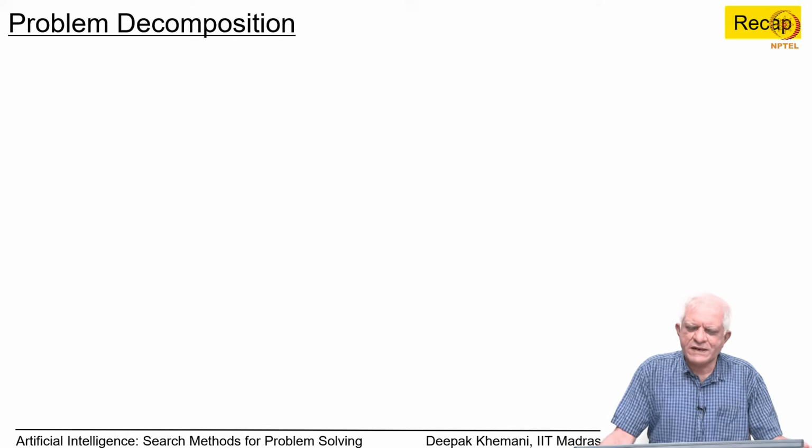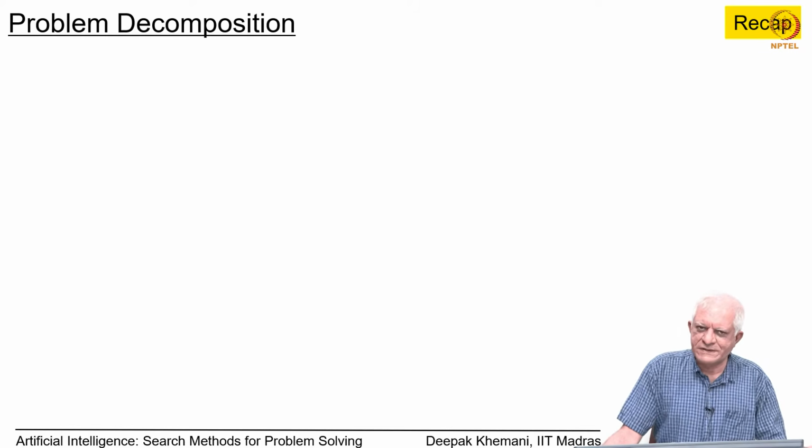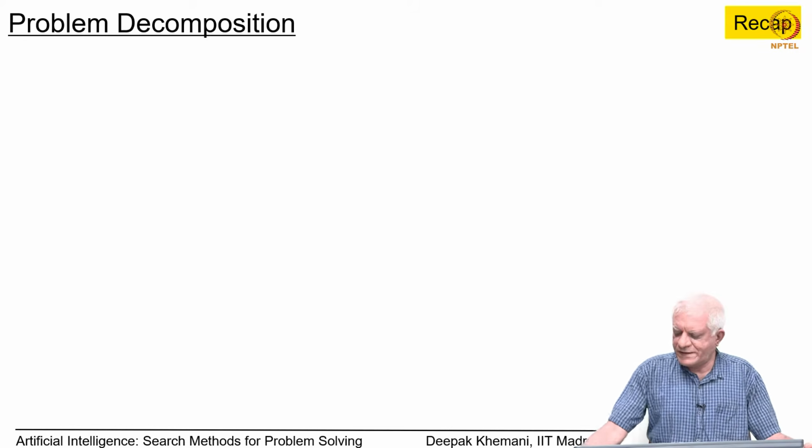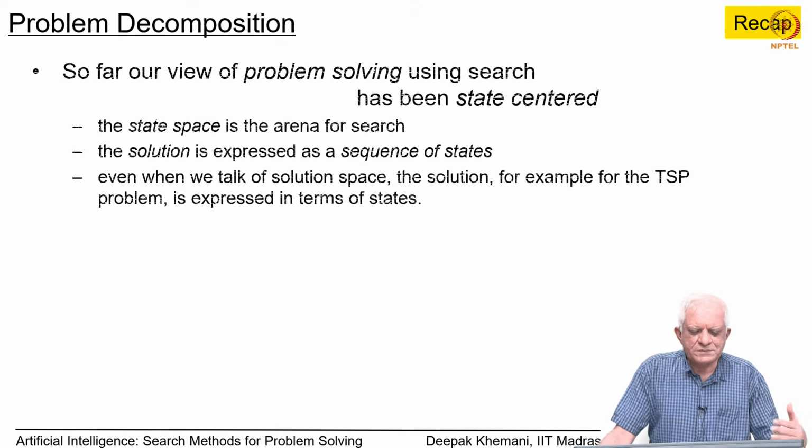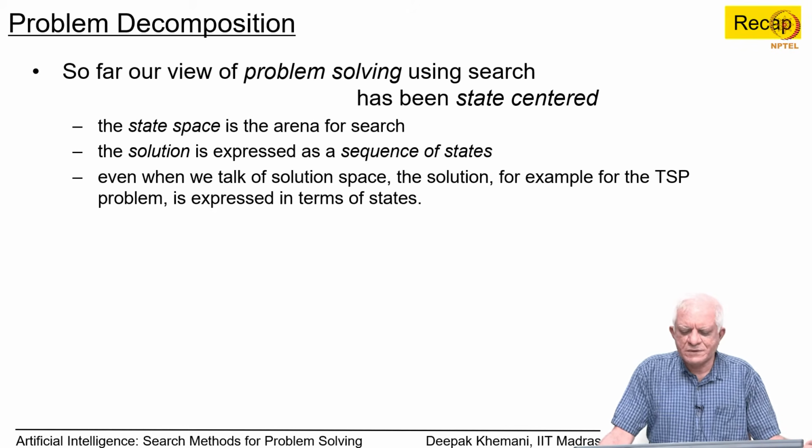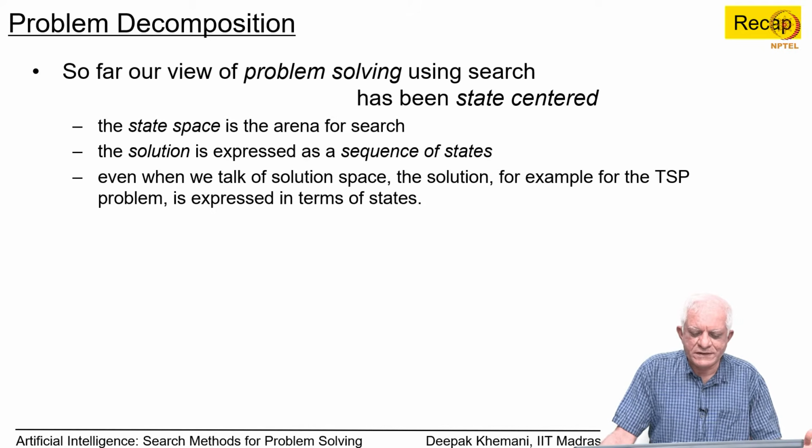So, just a very quick recap, we looked at problem decomposition, and there we said that we are going to break up a problem into smaller problems, and before that we looked at state space search. So, our focus of search was on states. Problem solving was state centered.